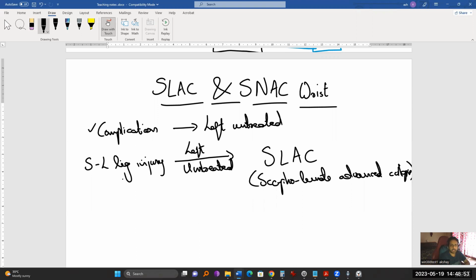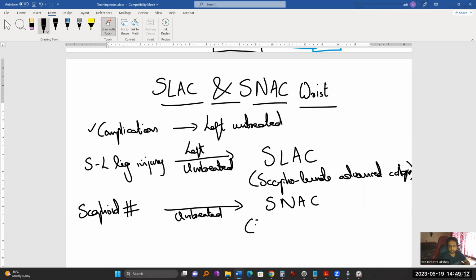Okay, and if a scaphoid fracture is left untreated, it will result in a SNAC, that is scaphoid non-union advanced collapse.